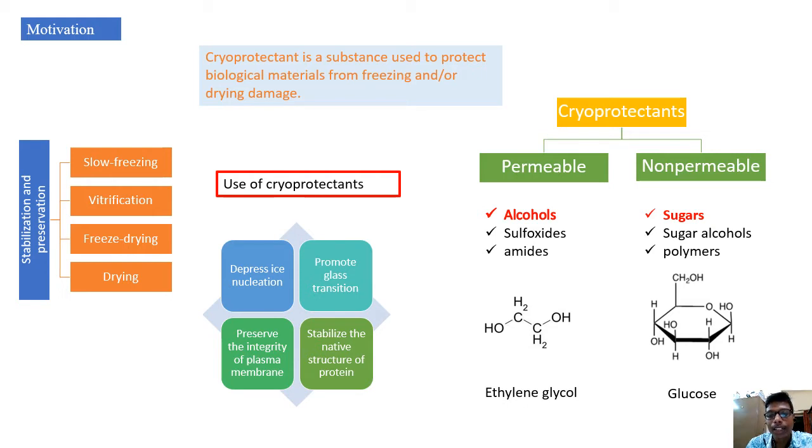Here we have taken one permeable cryoprotectant, ethylene glycol, and one non-permeable cryoprotectant, glucose, and we mix them together. We want to see what interactions occur between them, that is, how they behave in the presence of each other.